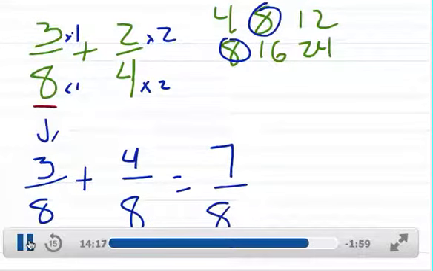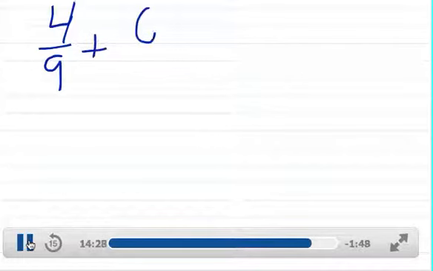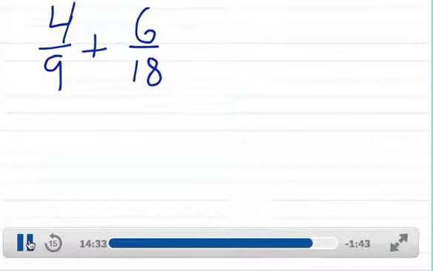Last one I want to try is 4 ninths plus 6 18ths. Now, the real reason that we're finding multiples here is that we don't want to multiply 9 by 18. We don't want to find out that 9 times 18 is 162, and then have to go and do all that reducing and things like that.